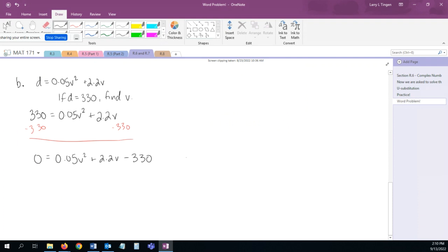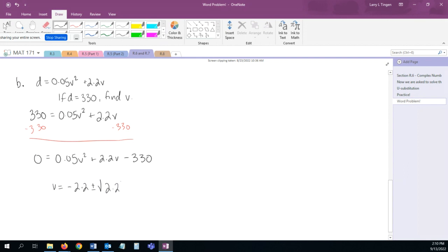Looking at this one, I don't really gain anything. The fractions are fine. Quadratic says that the solution is the opposite of b, negative 2.2 plus or minus the square root.